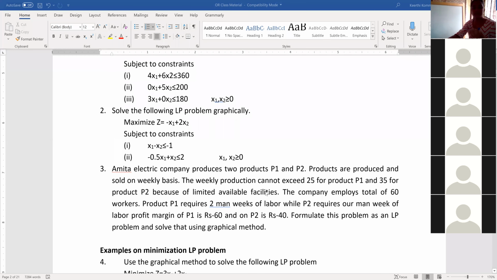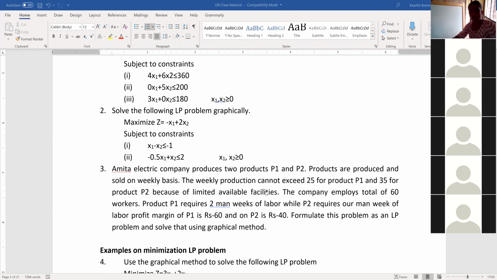See, third problem. Amit Electric Company produces 2 products, P1 and P2. Products are produced and sold on a weekly basis. The production cannot exceed 25 per week for product P1 and 35 per week for product P2 because of limited available facilities. The company employs a total of 60 workers.